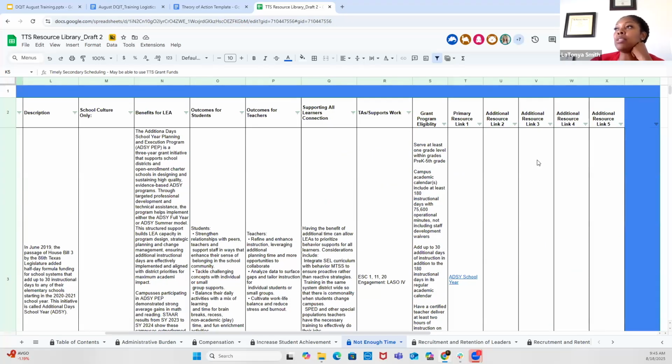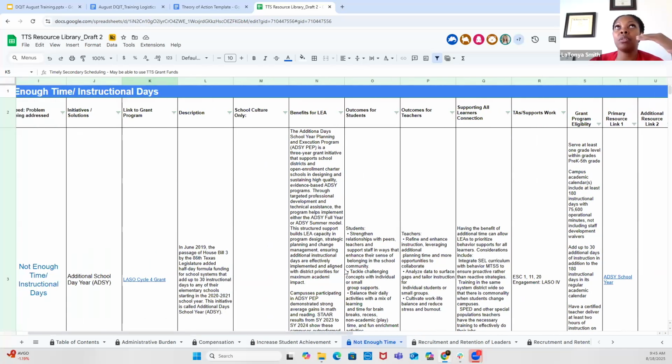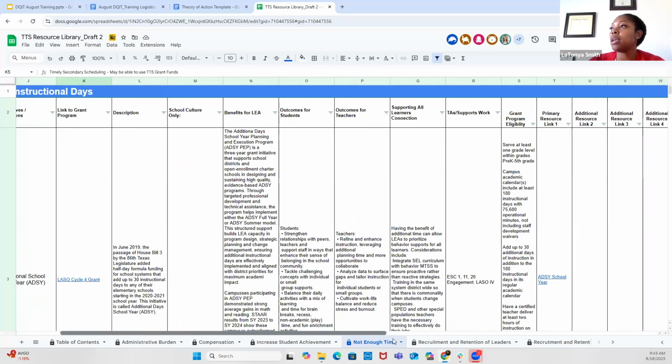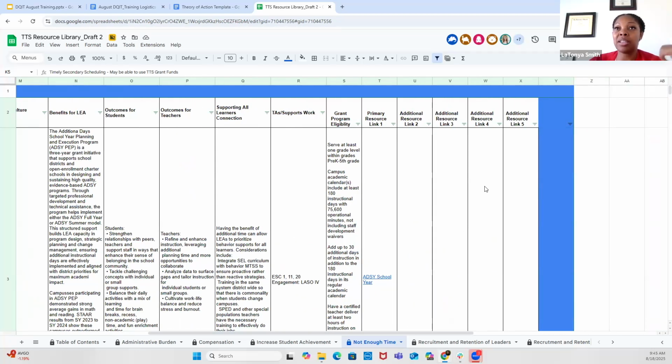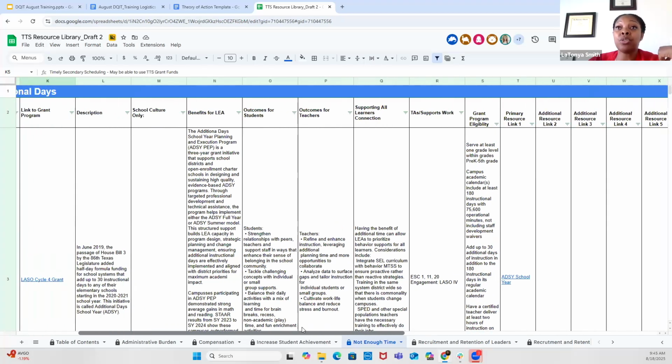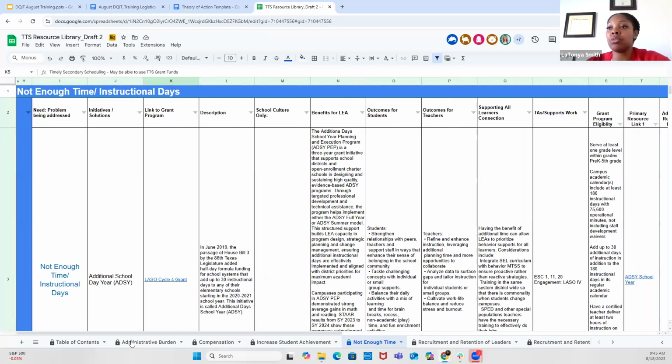And then these are just additional links. So in the first column, column K, we linked straight to the program or the resource. Here are just additional links that we may link as a resource. So it may talk about different districts who are using the tool. So we'll just link additional resources.